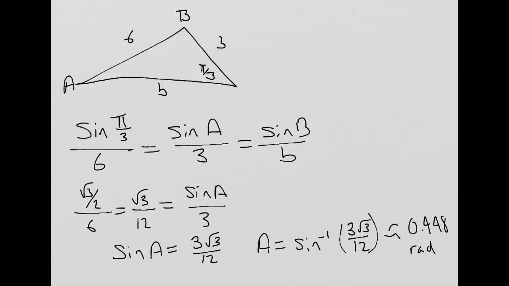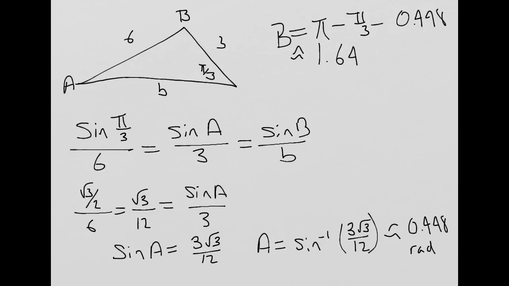Now we need to approximate B, because the sum of the three angles in the triangle is pi radians. I'll subtract off the pi over 3 and the 0.448, and the result should give me B. So pi minus pi over 3 minus 0.448 gives an approximate value of 1.646 radians.